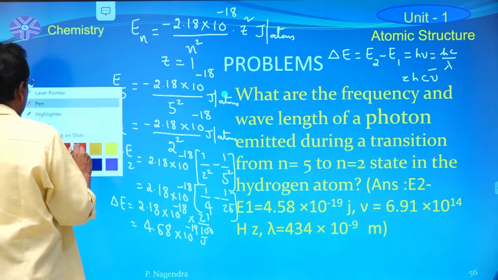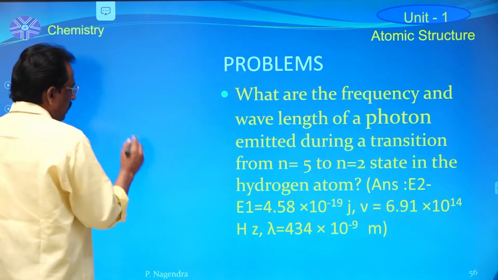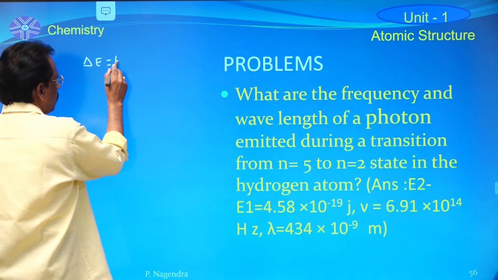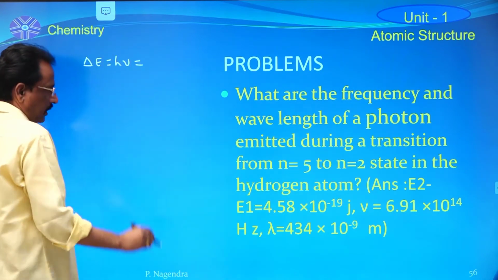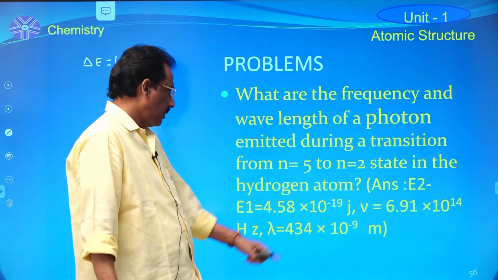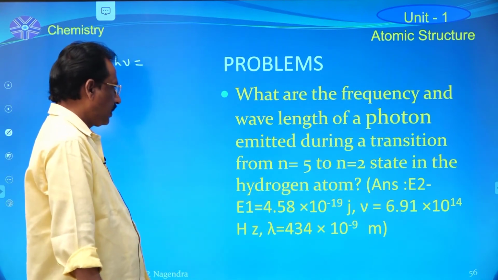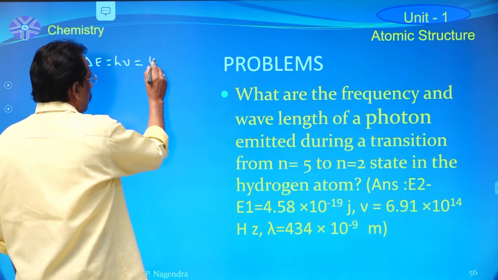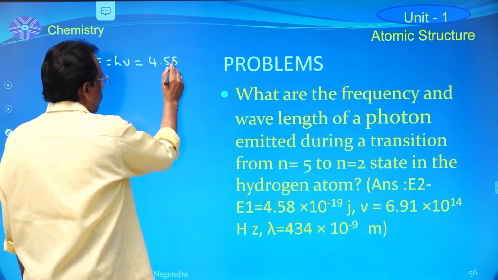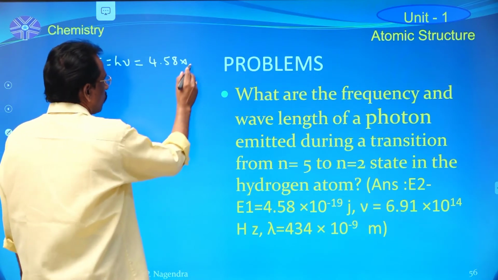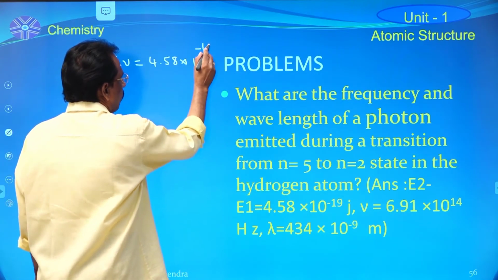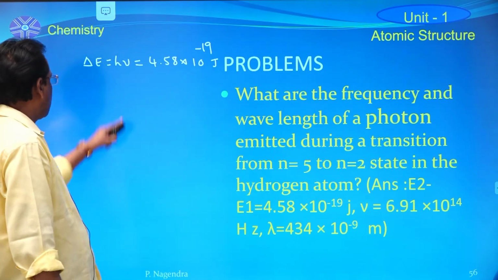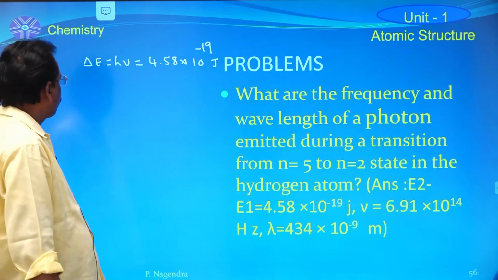So delta E is equal to h nu. Here in this problem, the delta E value is 4.58 into 10 power minus 19 joules. Now calculate the frequency.